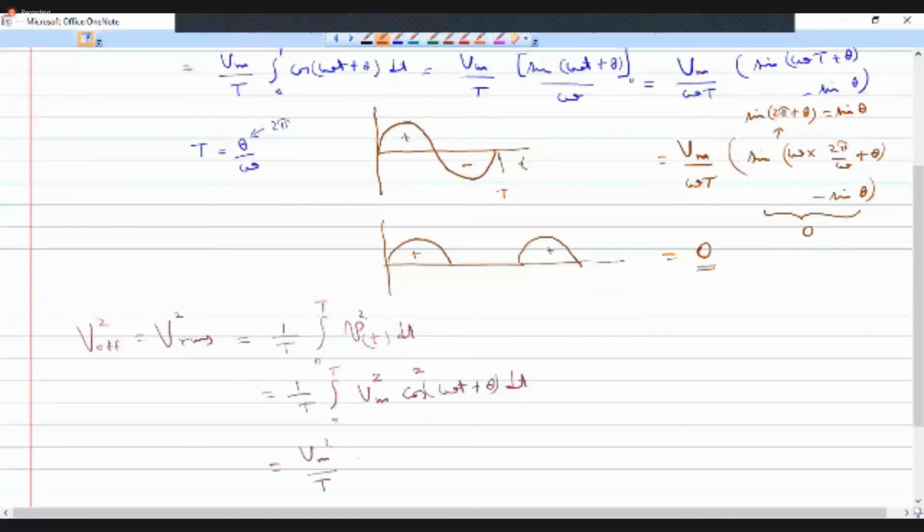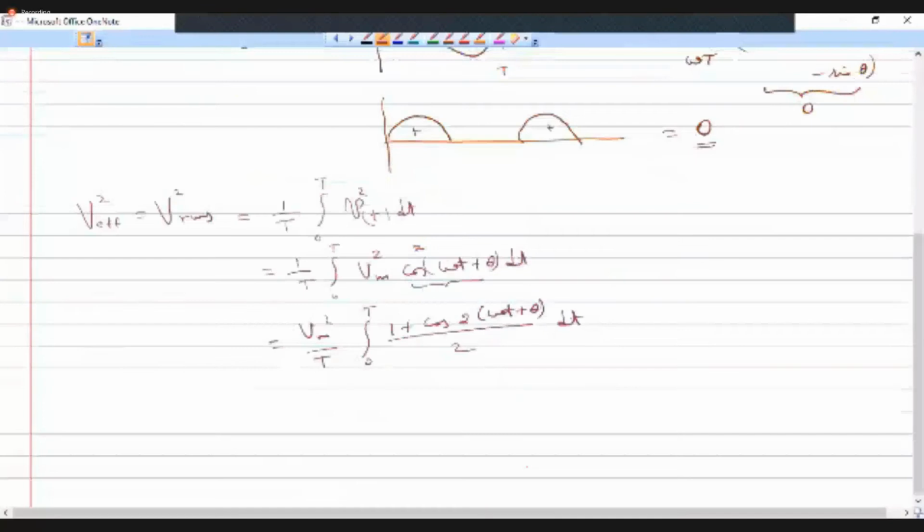So it is integral 0 to T. Substitute this with that trigonometric relationship: cos square theta is equal to 1 plus cos 2 theta divided by 2. So this will be 1 plus cos 2 omega t plus theta, the whole divided by 2, dt. Okay, now you can integrate very easily. Once you write this expression, then you can integrate it. Hope you are following.